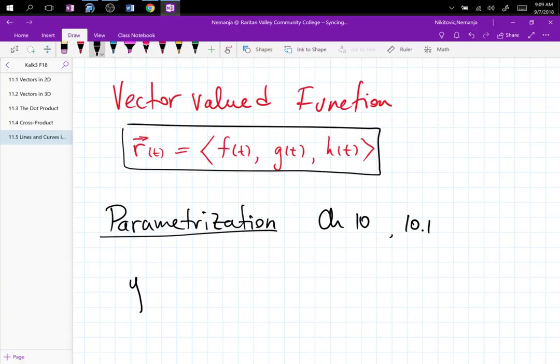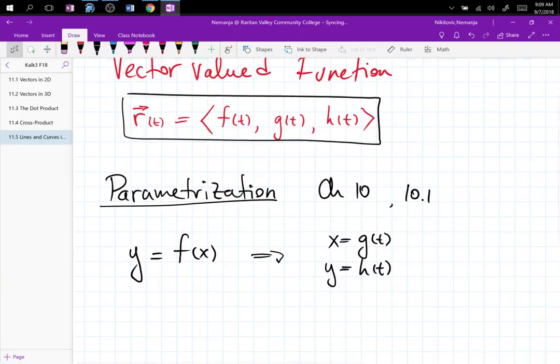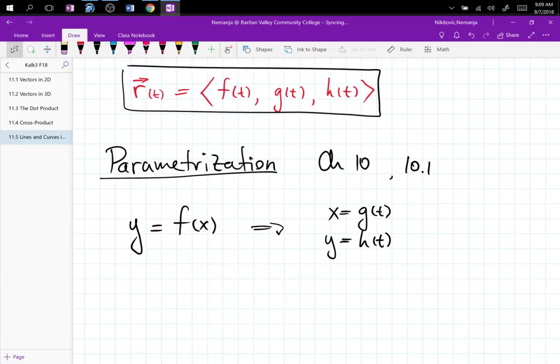So you can take your function y equals f of x from pre-calculus and break it into x equals g of t and y equals h of t. So you can take a function and break it into this set of two parametric equations, each of which is a function. Now that's not very efficient, but it's useful here and there.